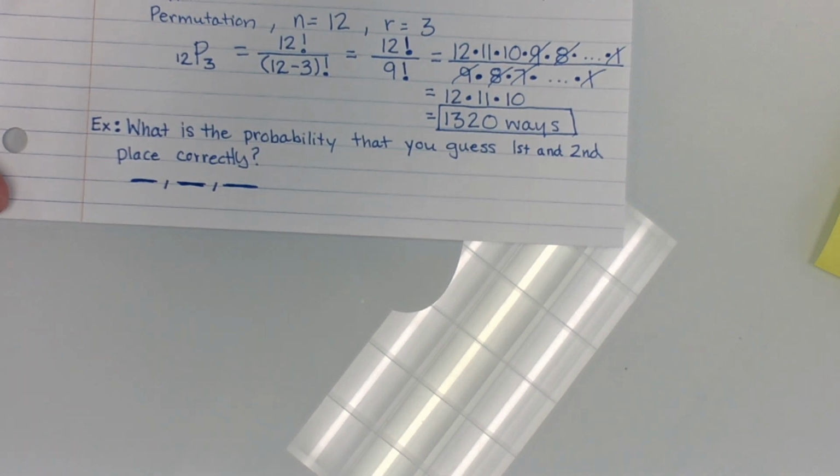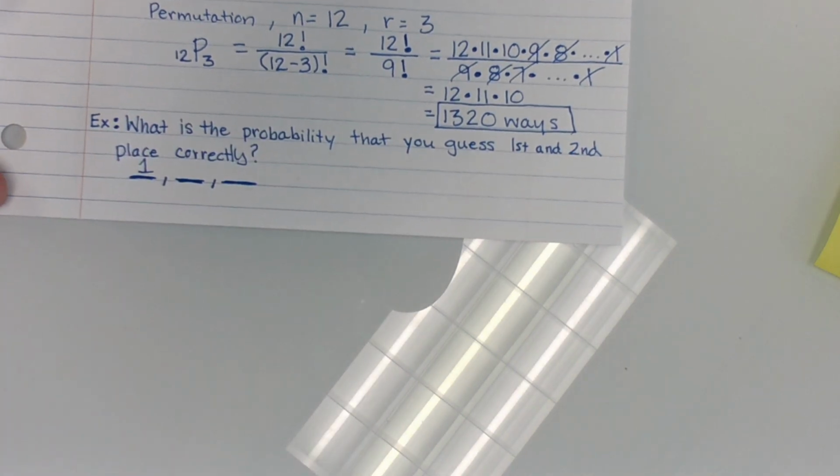How many ways could you have accurately guessed that 1? Not 12. How many of them win? 1. Which means how many ways can you guess that 1 horse? Only 1 way. There's 12 horses to choose from, but only one of them is correct. There is 1 way to choose first place correctly.